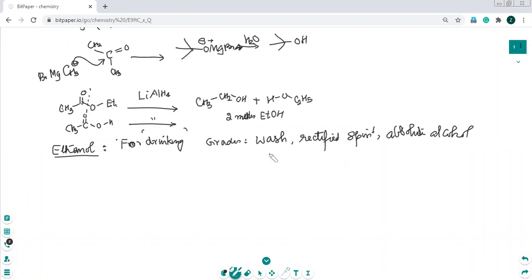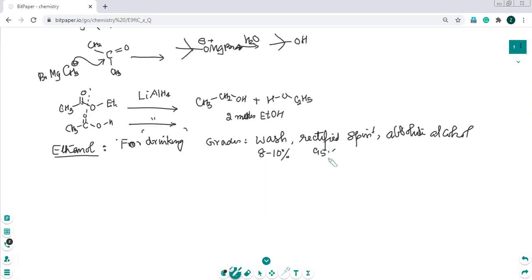Actually, wash will contain about 8 to 10% alcohol, while rectified spirit will be 95.6% alcohol.